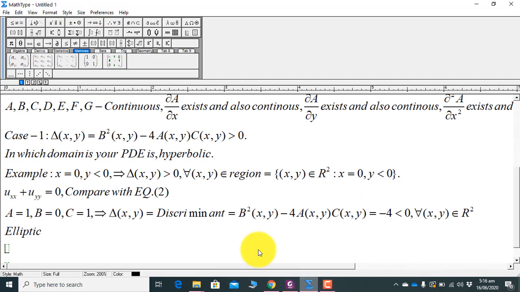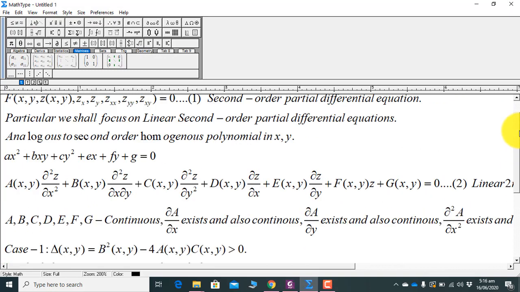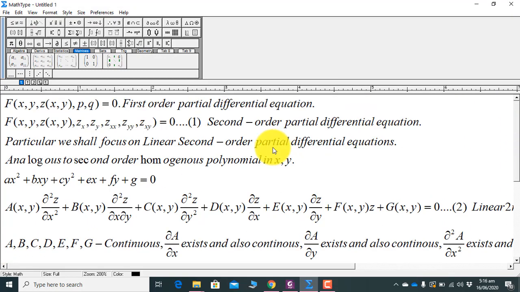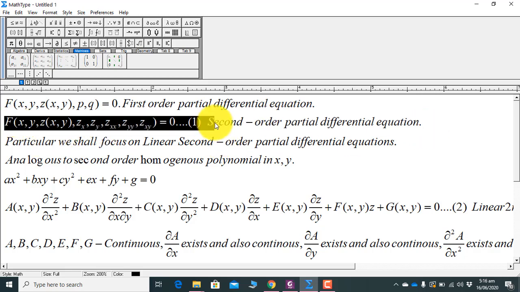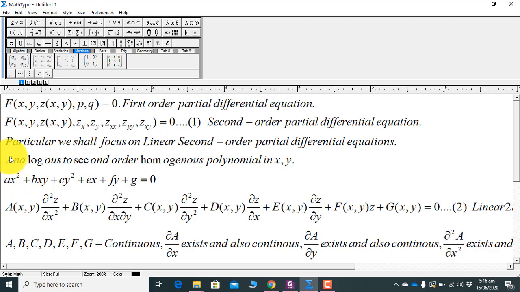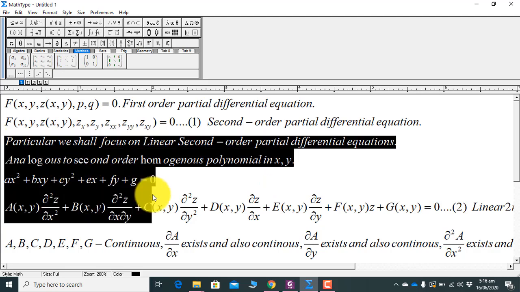So you remember that in the previous lecture we have studied the introductory discussion regarding second order partial differential equation, general form for second order partial differential equation, and linear second order partial differential equation.